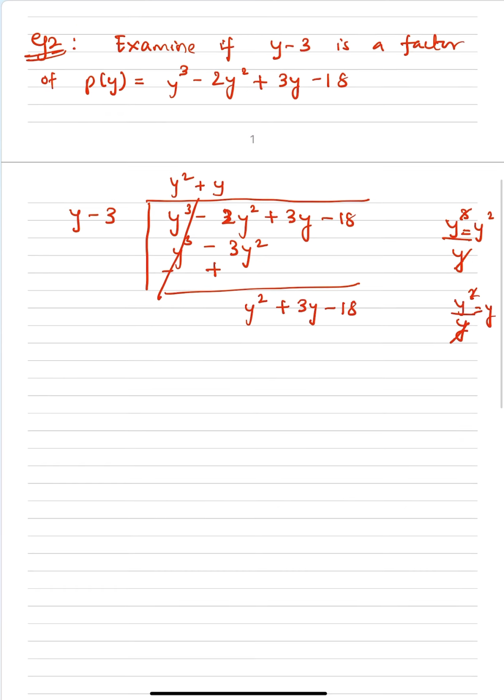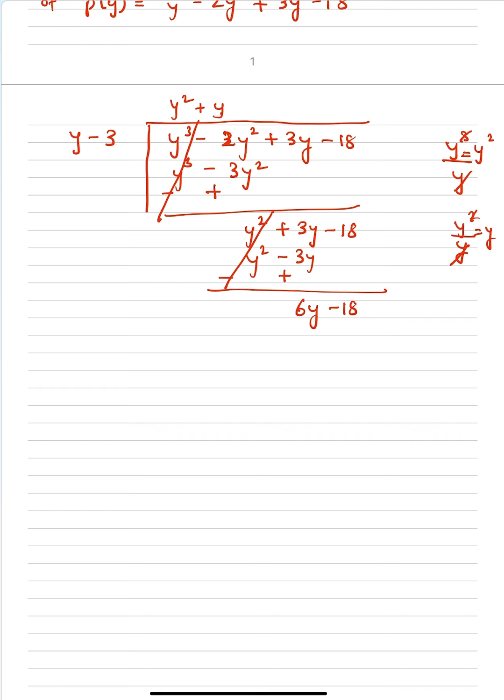Let us multiply this y with y minus 3. Y into y is y square. Y into 3 is minus 3y. We have not taken down 18 yet, so we'll do only these two terms. Let us cancel this. This will become 6y minus 18, because we are bringing 18 down.